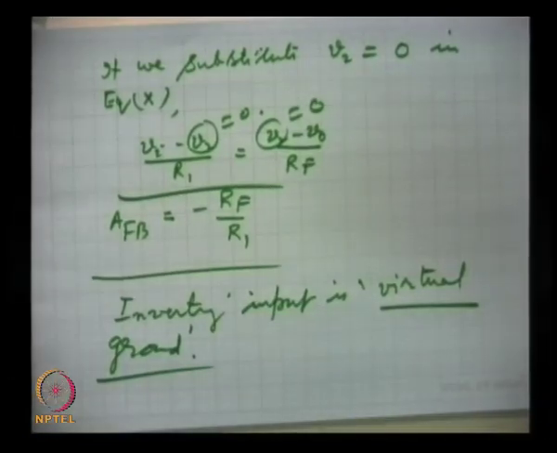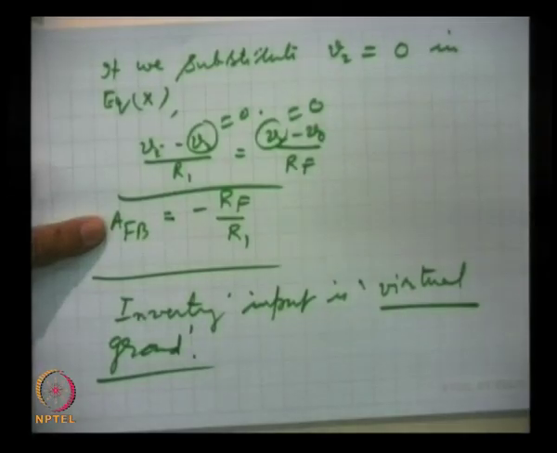Why ground? Because it is at ground potential. And why virtual? Because actual ground can take almost any amount of current, 100,000 amperes, whatever. But here only milliamperes can be absorbed in the device. So it is virtual ground. Remember that the inverting input is a virtual ground, it is at ground potential.